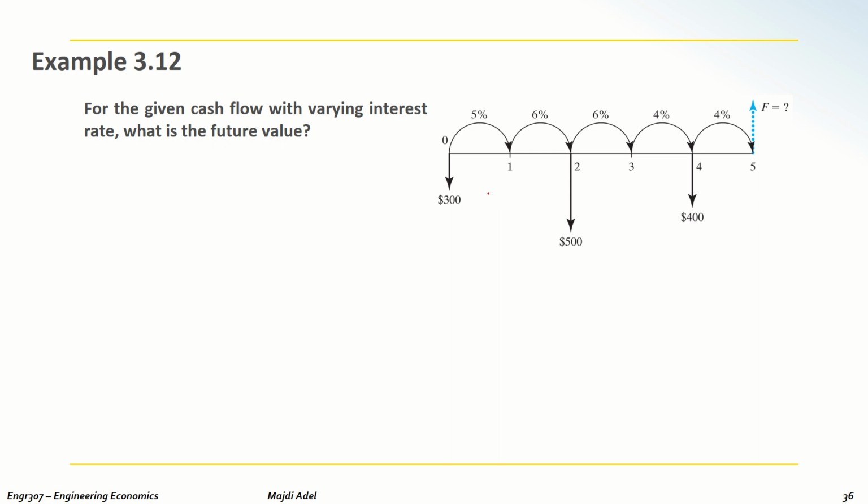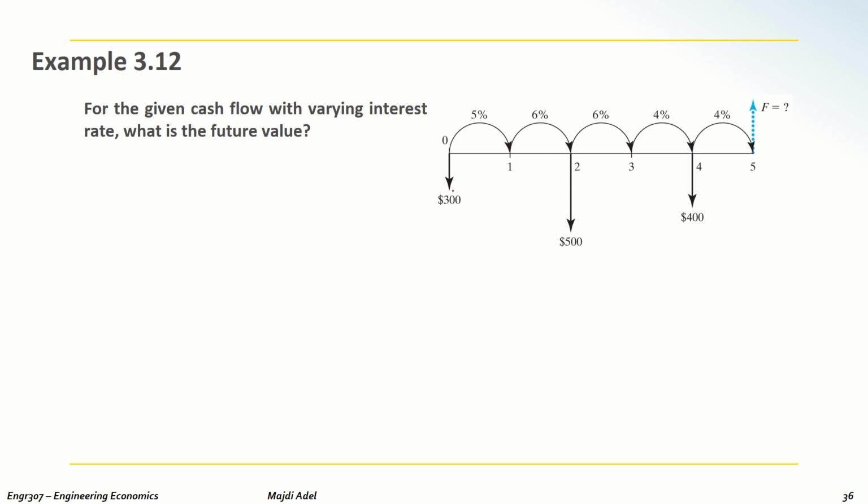But since the interest rate is varying from one year to another, first of all, let's see what we are going to do for the first cash flow, the $300, and we can apply the same principle for the other transactions, the 500 and 400.